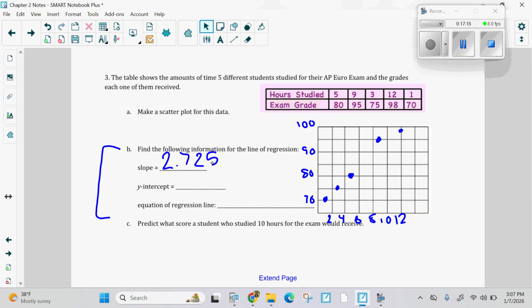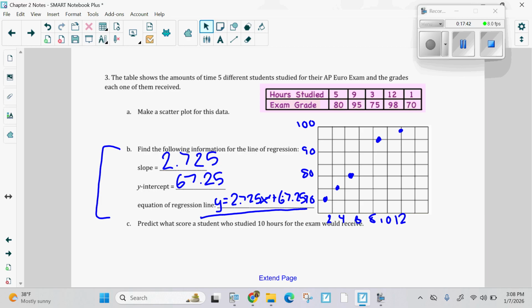Y-intercept is 67.25. And so our equation should be y equals 2.725x plus 67.25. And we have a perfectly calculated line of best fit right there.